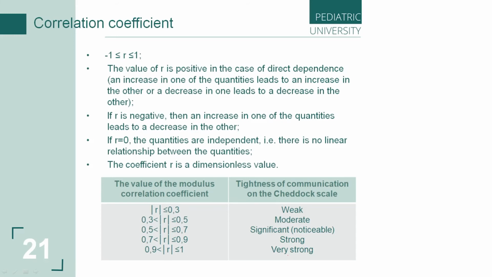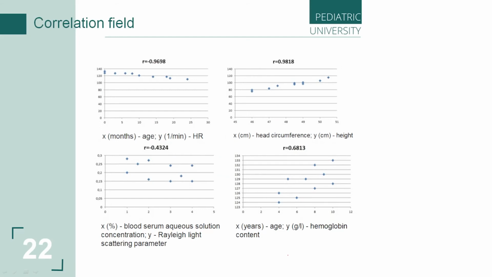Initially, the closeness of the relationship and the direction of dependence can be inferred by plotting a scatter plot, also called a correlation field.